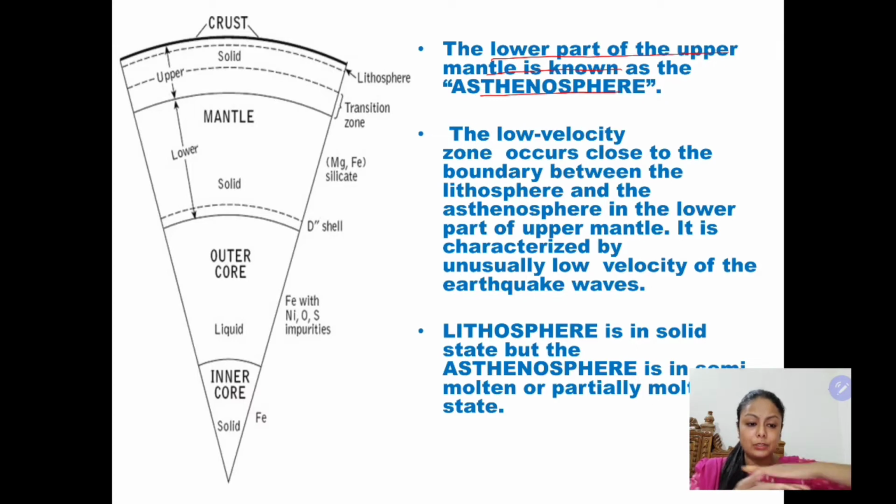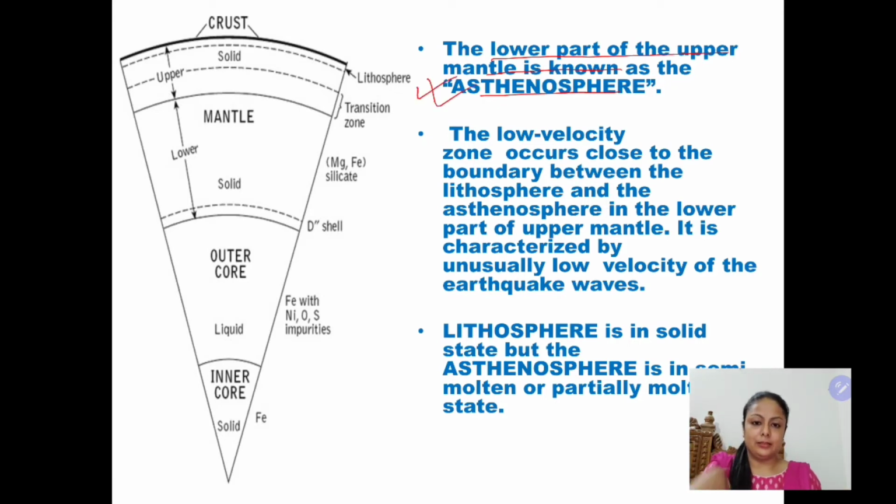So those lithospheric blocks, the continental crust and the oceanic crust, they float on the asthenosphere. That's why we have learnt about the plate tectonics, that the earth is made up of lithospheric slabs which are floating. So on which they are floating? They are actually floating on a layer which is in molten state, which is just below it, known as asthenosphere. Students, I hope this is clear.